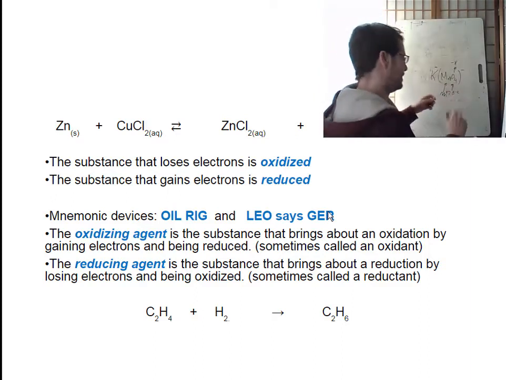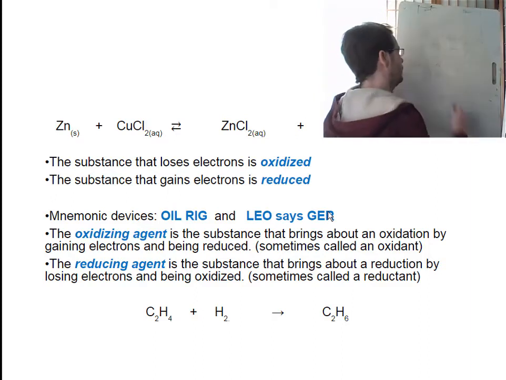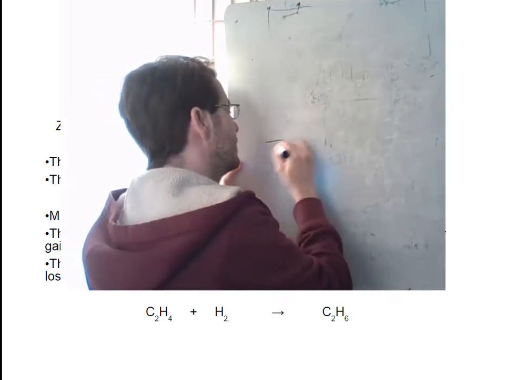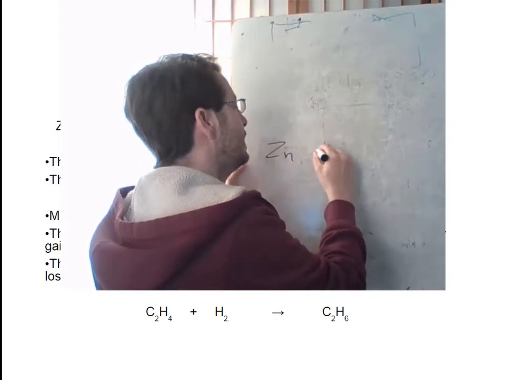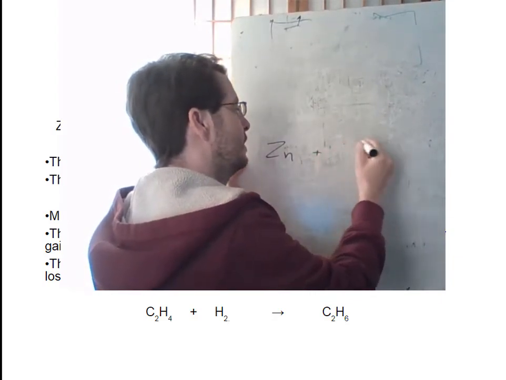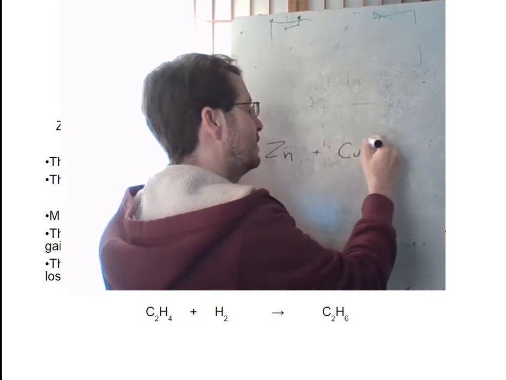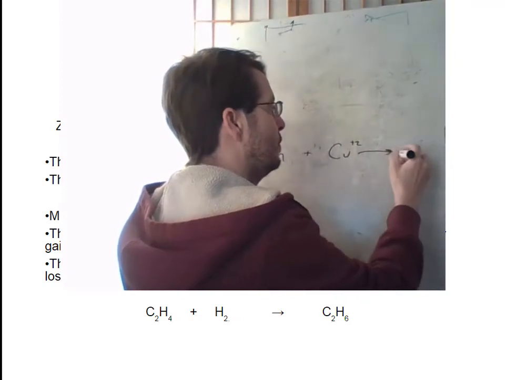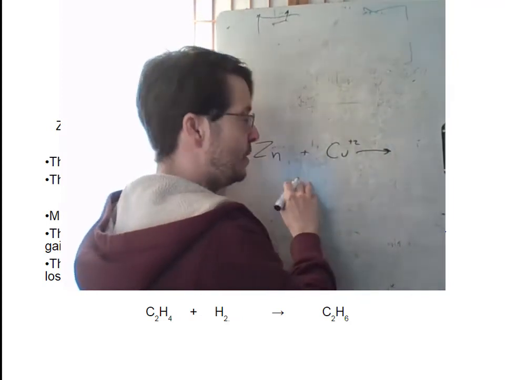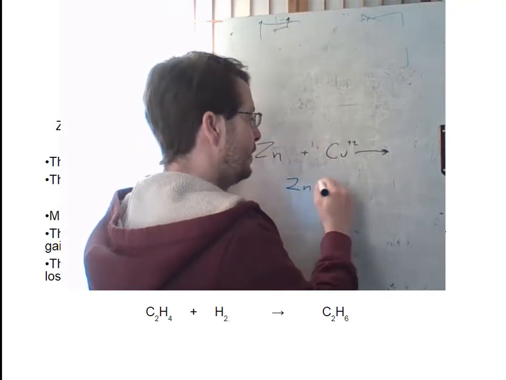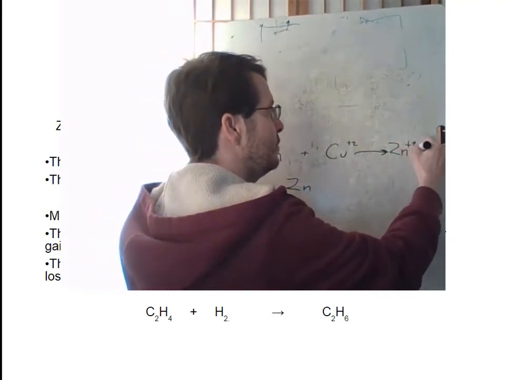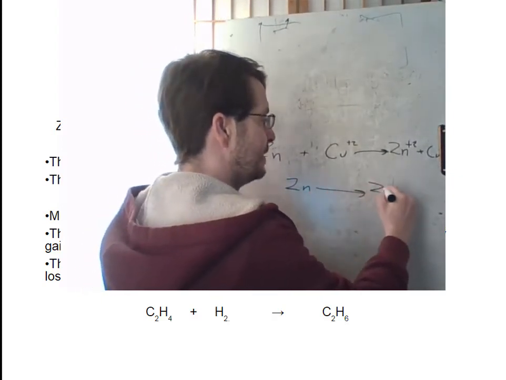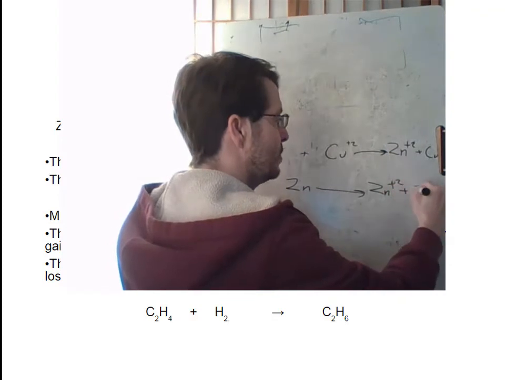Now, when we write these, if we think about this, we have the zinc losing electrons. So the zinc loses electrons and the copper gains them. Copper +2. I'm going to leave out the chlorines because they don't change role. And so we can think about the zinc undergoing the reaction, zinc forming zinc +2 plus 2 electrons.